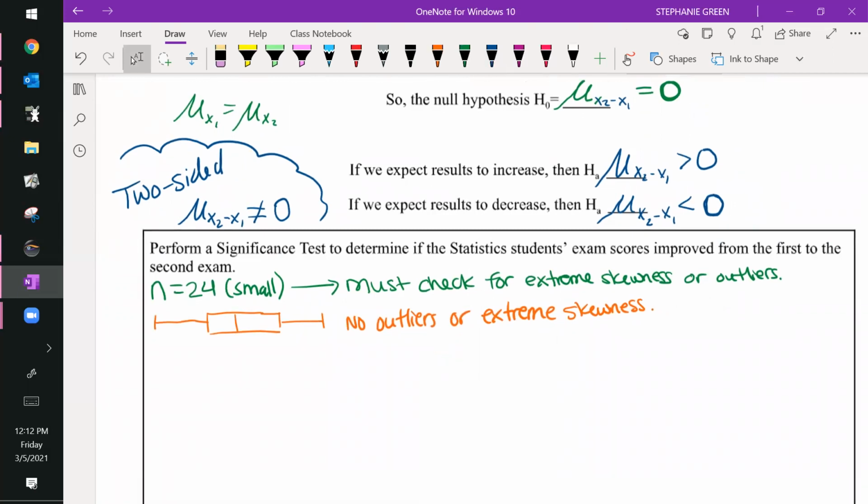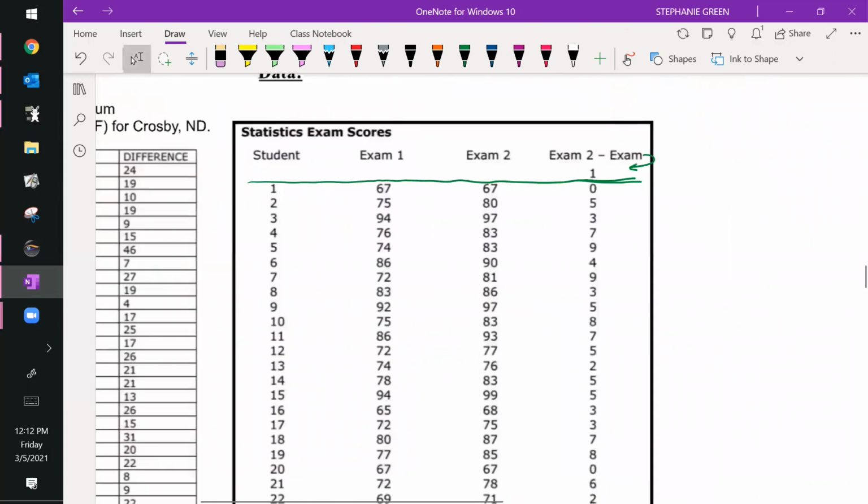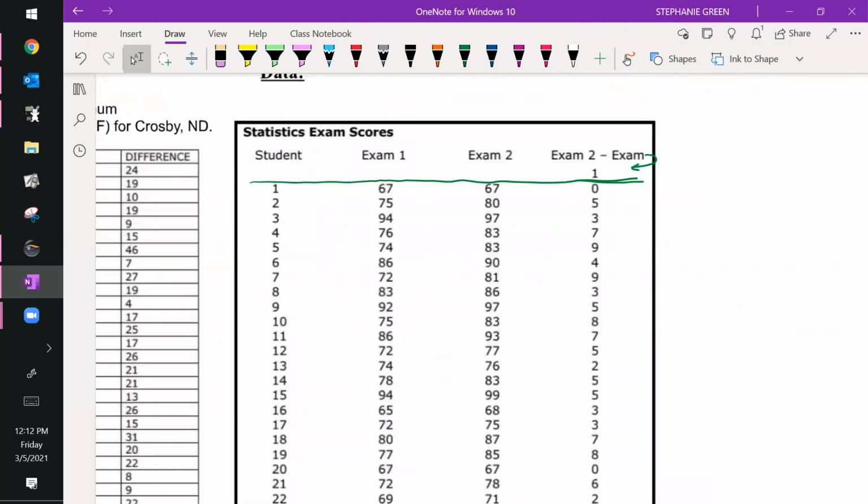So we always start by just stating our hypotheses first. Like I said before, our initial hypotheses will always be that the difference, which how are we doing our difference? Got to make sure we do it in the right order. Let's see, it's exam 2 minus exam 1. So let's label exam 1 x1, and we'll label exam 2 x2.